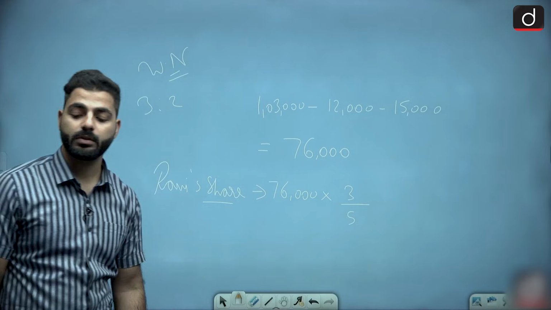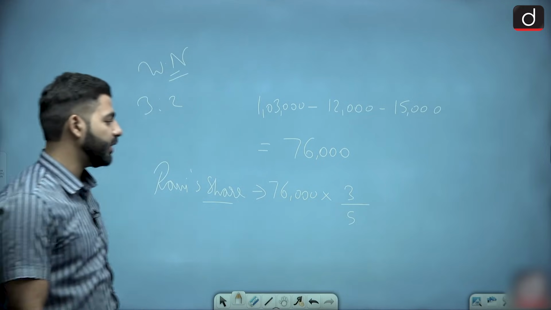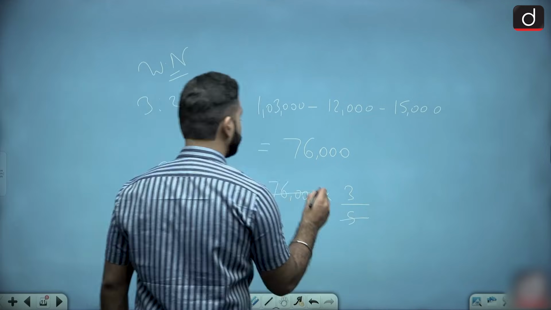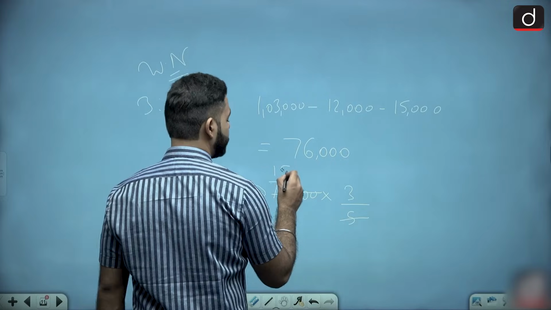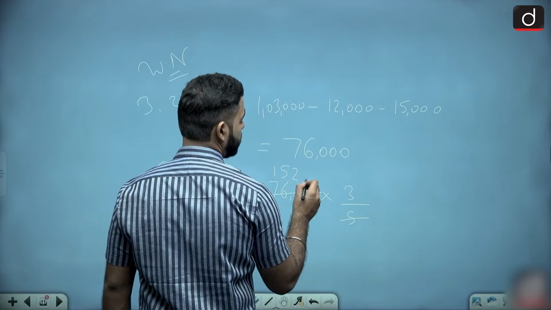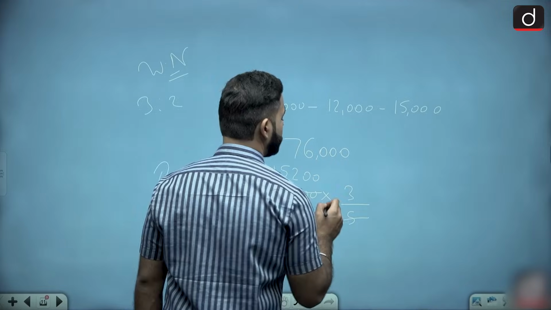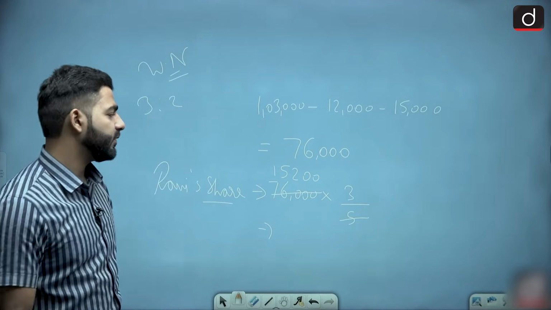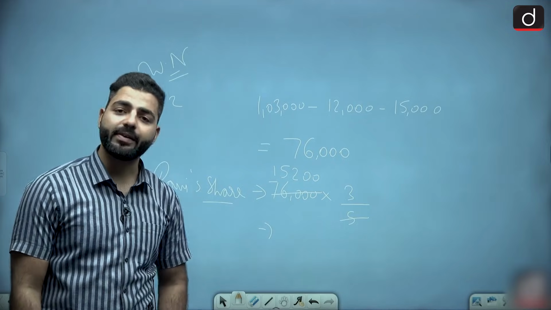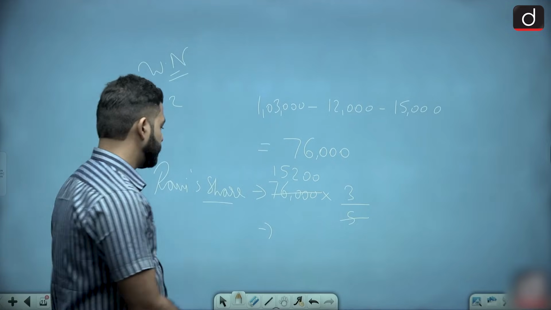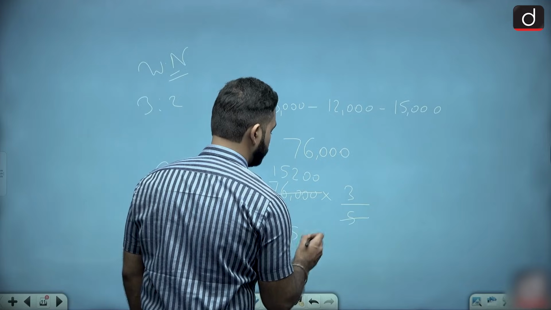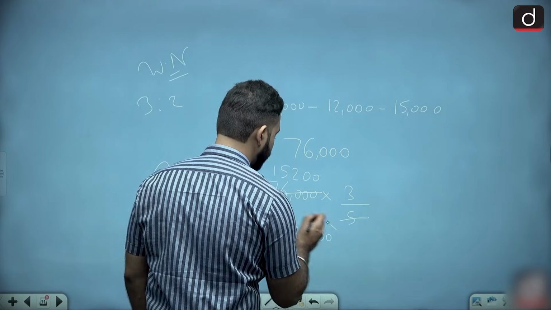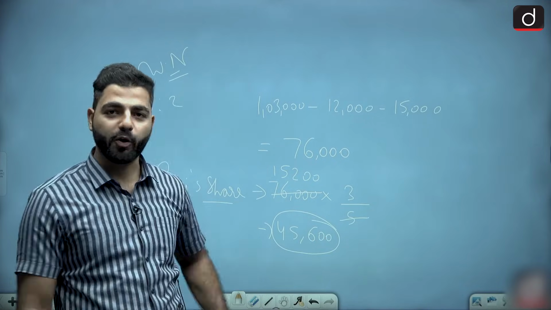Yes or no? 76,000 into 3/5. So you can cancel it out. 5 ones are 5, 5 fives are 25, 5 twos are 10. So 15,200 into 3. That will be 3 fives are 15, 3 twos are 6. That will be 45,600 if I am not wrong. Yes, so do check it and do let me know if your sir is calculating right or not. I hope I am right.